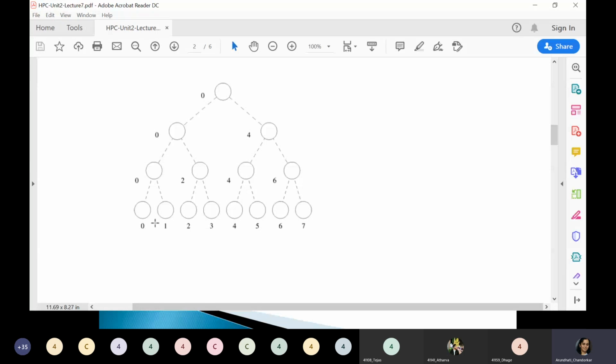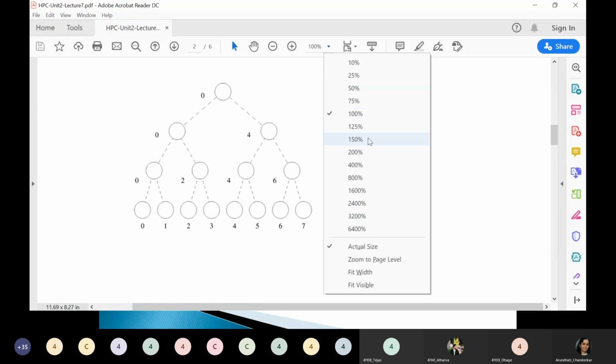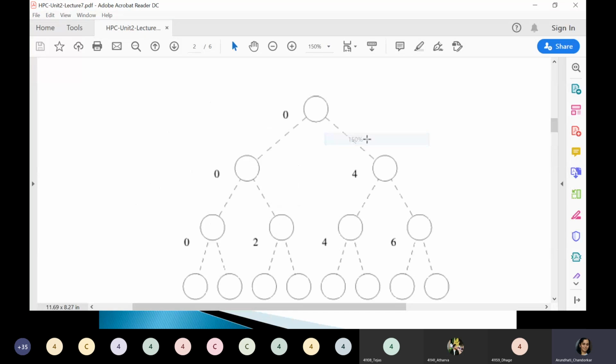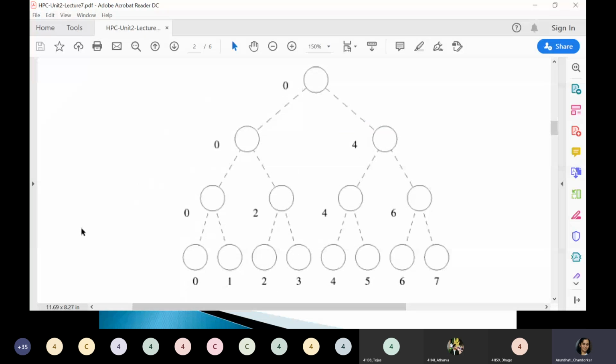Again, the same example continued, to find the minimum using a hypercube of processes. Start from the leaf nodes 0, 1, 2 up to 7, so 8 nodes. Straight away 8 tasks to 8 processes.